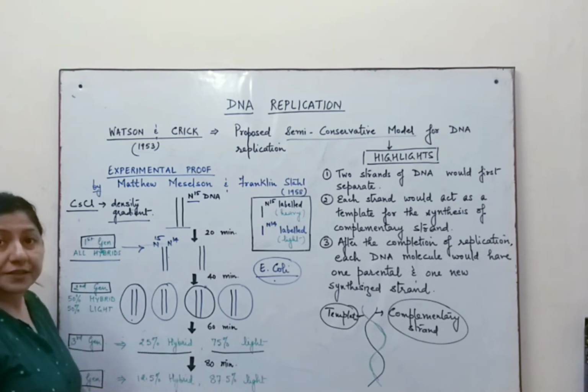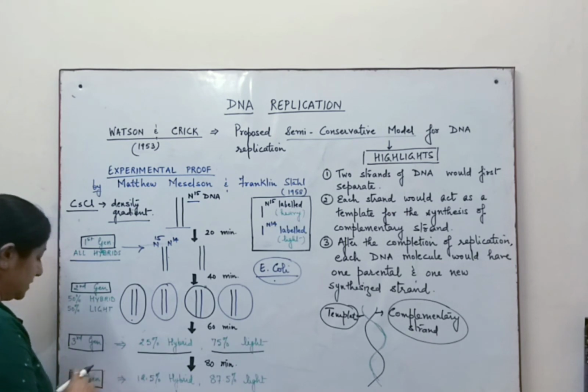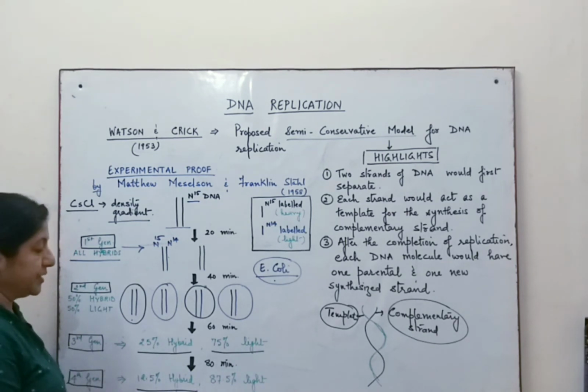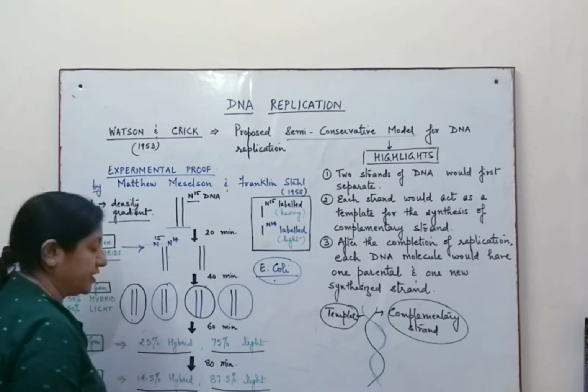Further allowing it to multiply for 80 minutes, the fourth generation had 12.5% hybrid and 87.5% light.